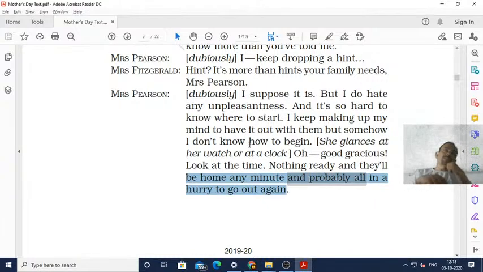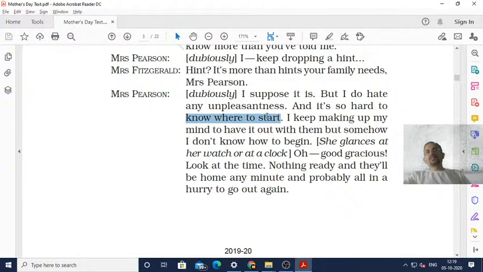Mrs. Pearson doesn't know where to begin from, where to start from. She doesn't know how to initiate the discussion about this particular fact, that everyone should do their respective work, not delegate it to a particular person only. Being a very soft-hearted woman, she is not able to understand where and how to start.